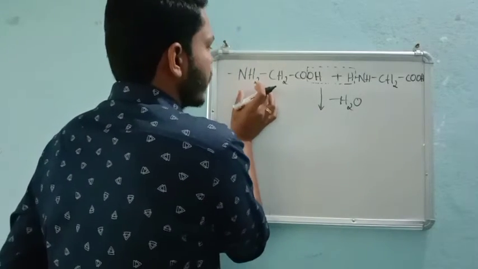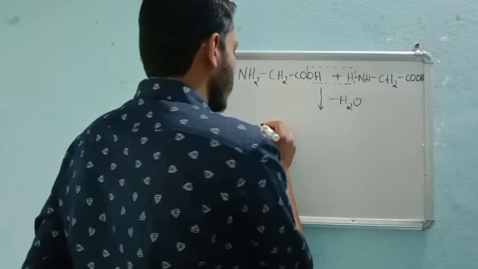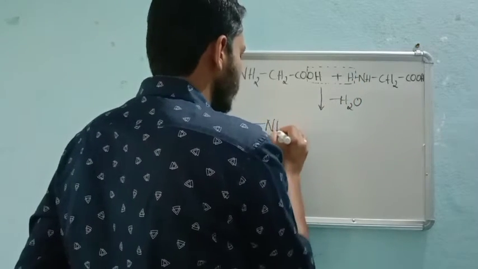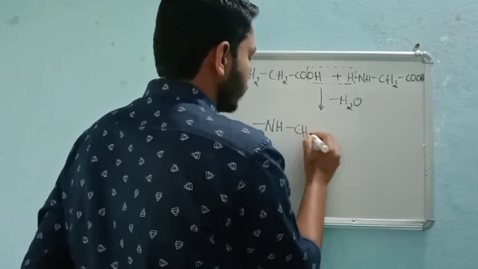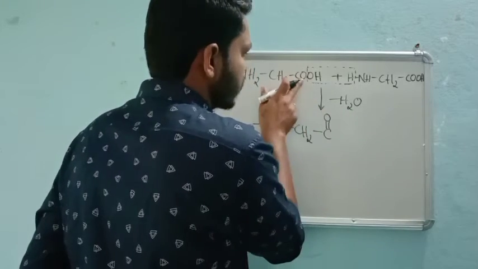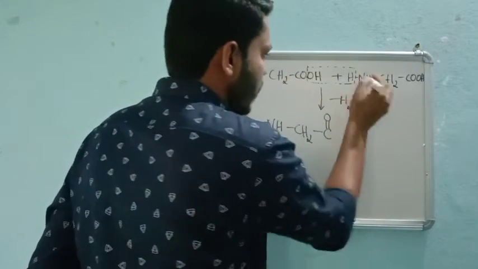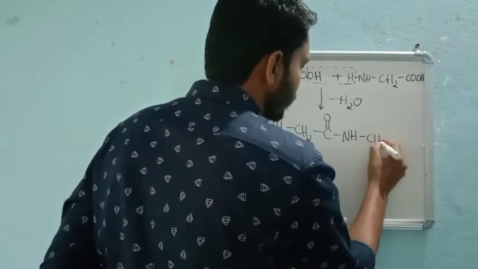So see here, wherever there is an NH2, remove one H, right? So now it becomes NH. Now CH2, COOH is gone, just only CO. Now there is a bond with NH, CH2.